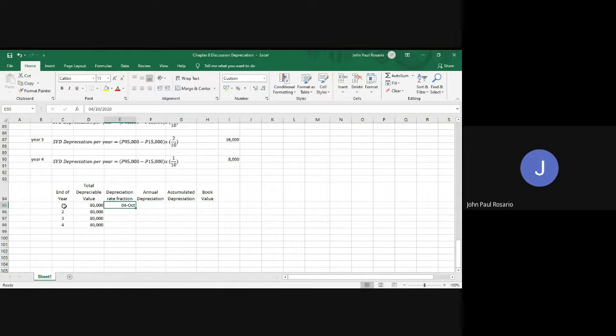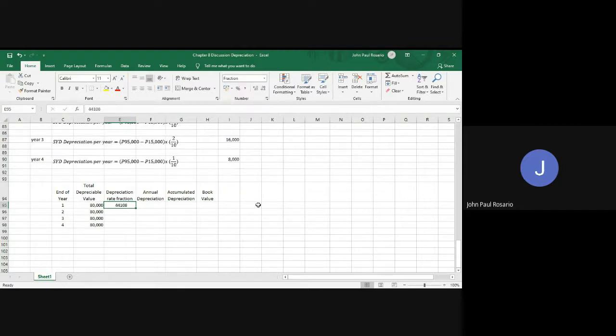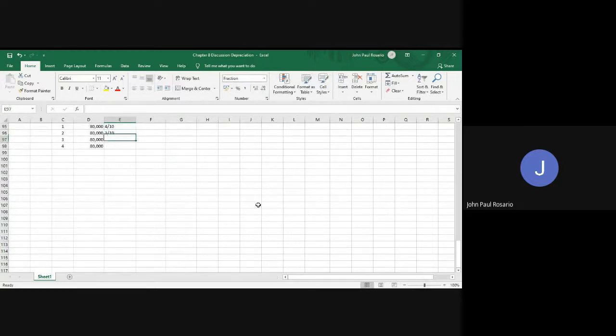Then we have 3 over 10, and then 2 over 10, and 1 over 10.